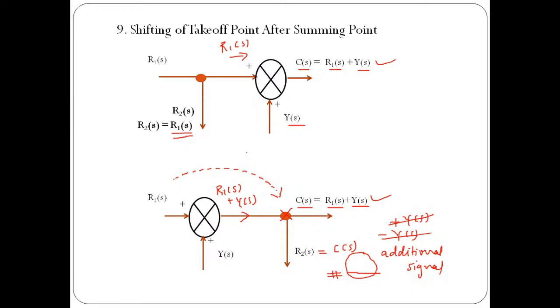That means whenever you are changing the position of any element available in a block diagram, it may be a summing point, it may be a takeoff point, or it may be the changing of position between a summing point and a takeoff point, the rule is very simple: before applying the block diagram reduction rule and after applying that rule, the output and the value of feedback signal or the intermediate outputs will remain the same. If they are the same, then we can say that the rule is correct. We can apply that logic in that system. That is important.